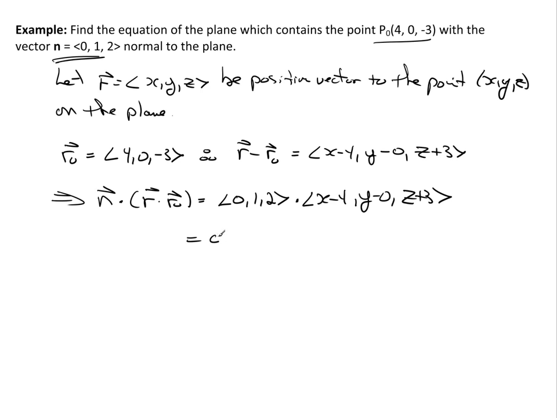And that's going to give me 0 times (x minus 4) plus 1 times (y minus 0) plus 2 times (z plus 3).